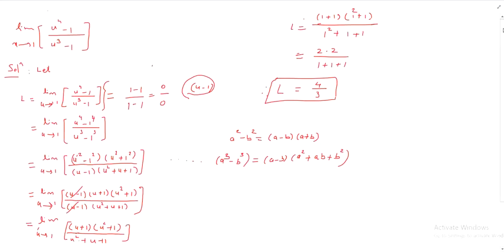So this is about the factorization method. One example we solved. Let us see one more example.